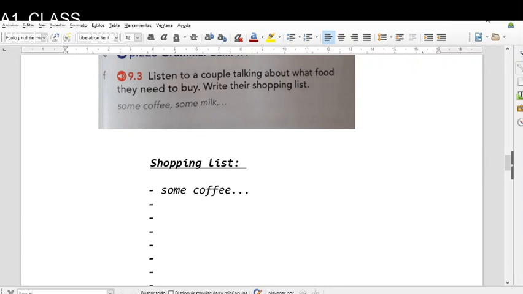Okay, what else? Get a pineapple if they have them. One pineapple. And some oranges. 4 or 5 oranges. And some bananas. And I want to make a vegetable curry, so get some onions, some potatoes, some tomatoes. Hold on, wait a minute.